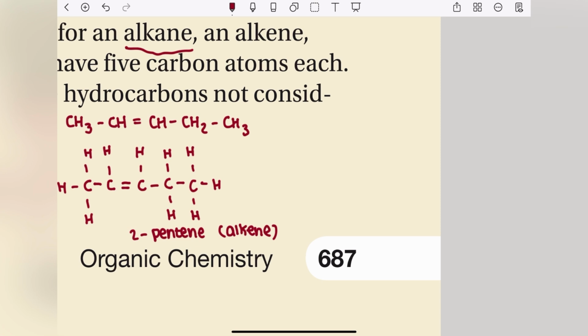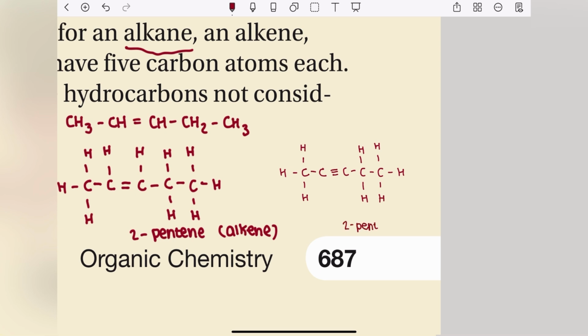Now our alkyne must have at least one triple bond. And similarly, I'll have the triple bond between the second and third carbon atoms with enough hydrogen atoms. Yep, and so this triple bond could be in between other carbon atoms, but again, the name would change slightly.